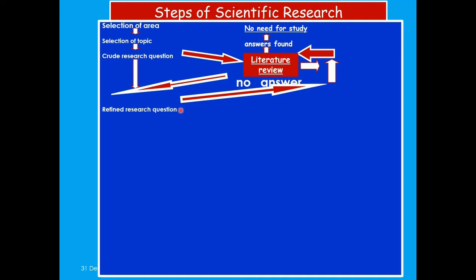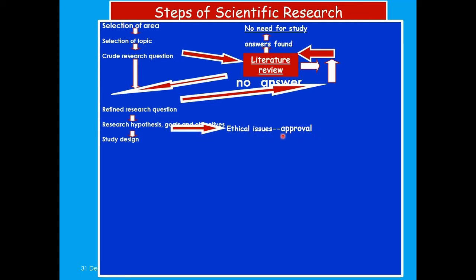After refining your research question, go for the development of the research hypothesis, and development of goals and objectives for your study. Then develop all the necessary documents which are required to be submitted to the ethics committee for approval.